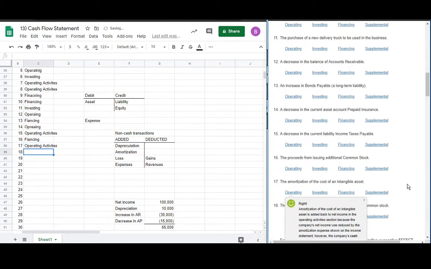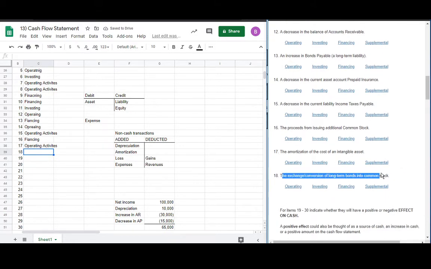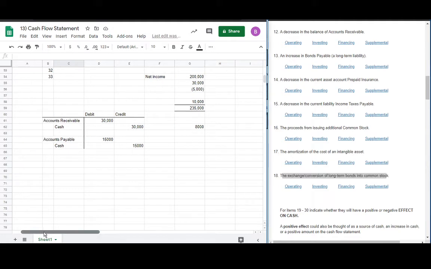Number 18, it is the exchange or conversion of long-term bonds into common stock. So we have no cash transaction here because this is the journal entry. In exchange of long-term bonds into common stock, we have a common stock here.